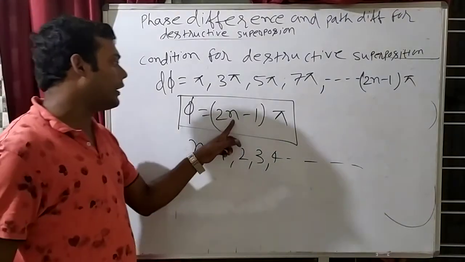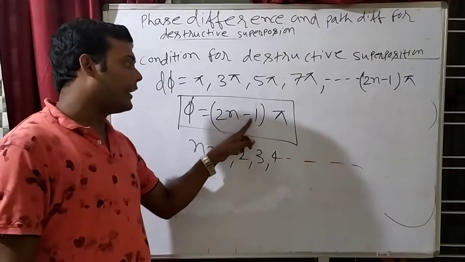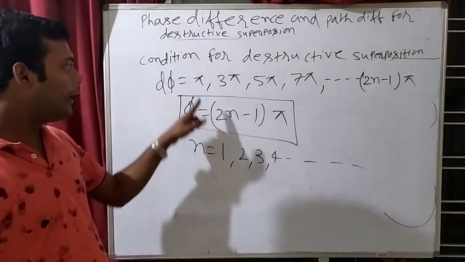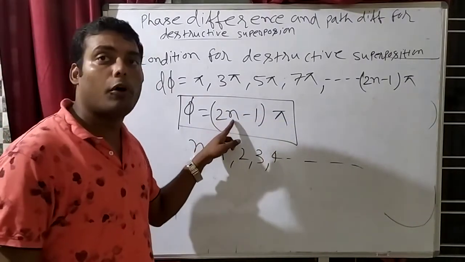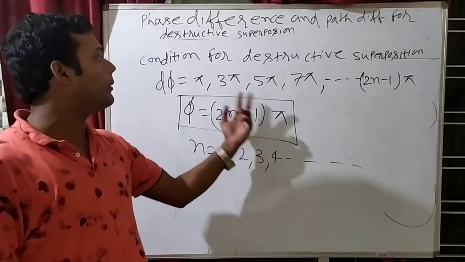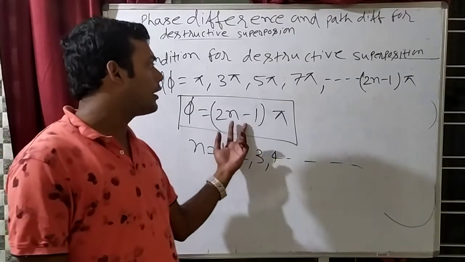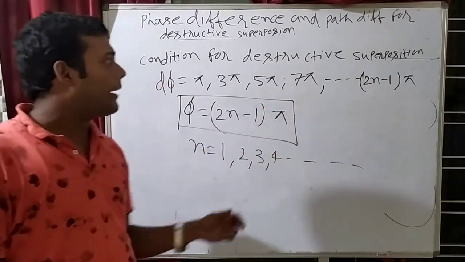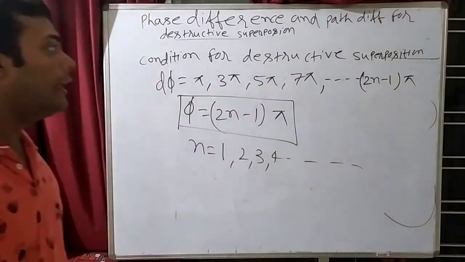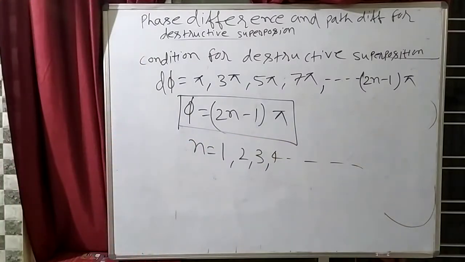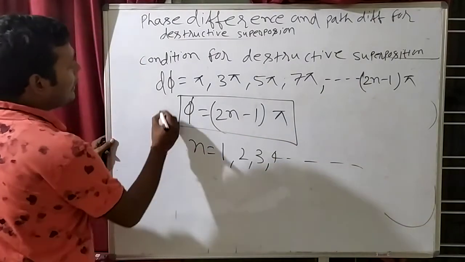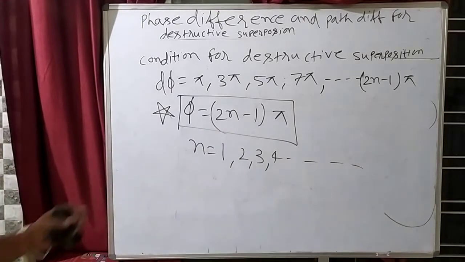Put n equal 1, 2 into 1, 2 minus 1, 1 pi. Put n equal 2, 2 into 2, 4, 4 minus 1, 3 pi. Put n equal 3, 6 minus 1, 5 pi. Put n equal 4, 8 minus 1, 7 pi. So pi, 3 pi, 5 pi, 7 pi, that will be (2n minus 1) pi. So for destructive superposition, phi will be (2n minus 1) pi. And this is the phase difference condition.